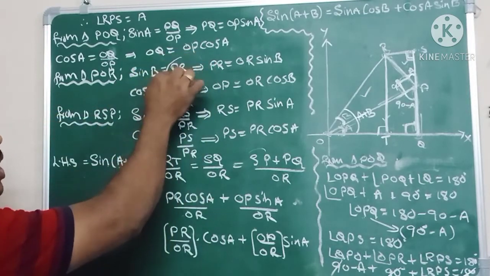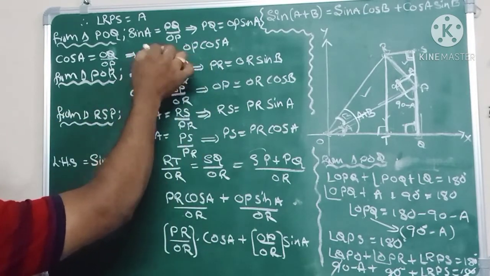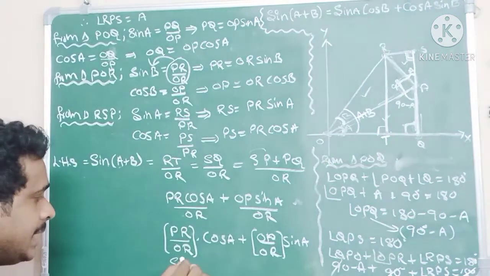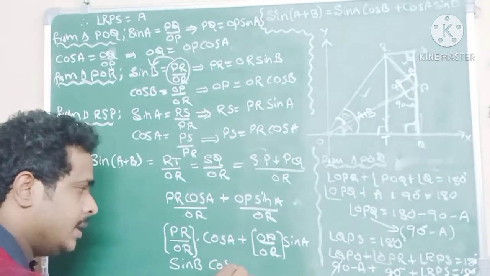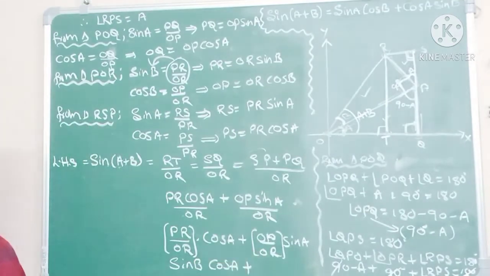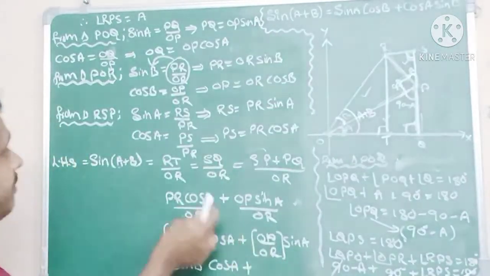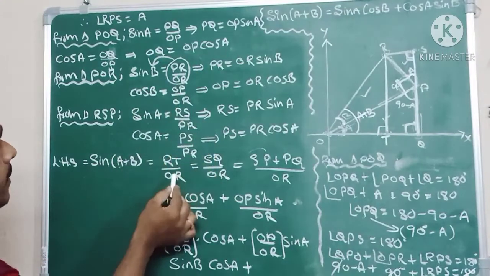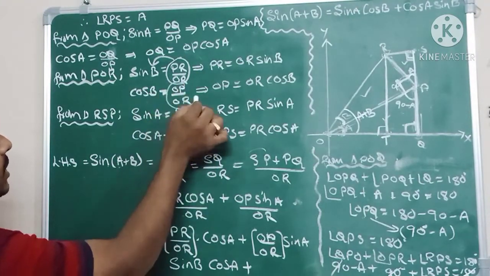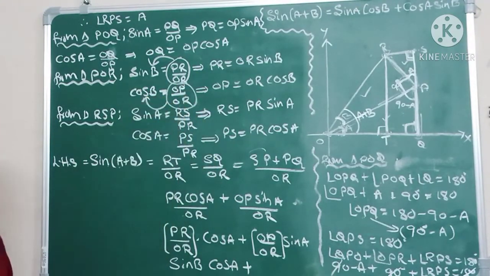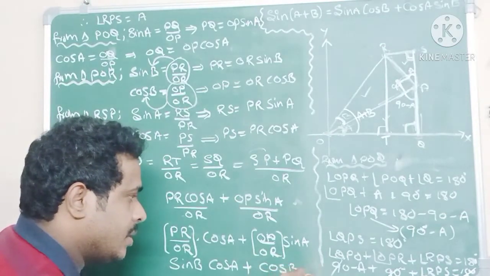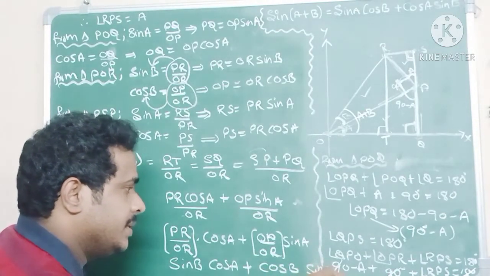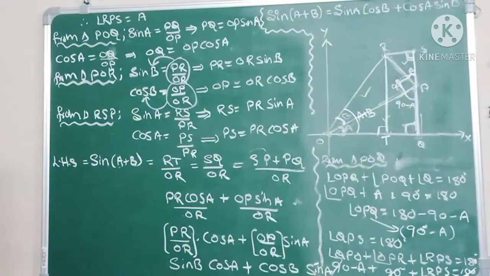PR by OR is nothing but sin B, into cos A, plus OP by OR. Where is the ratio of OP by OR? Here it is, which is nothing but cos B. Substitute cos B into sin A. That's it.